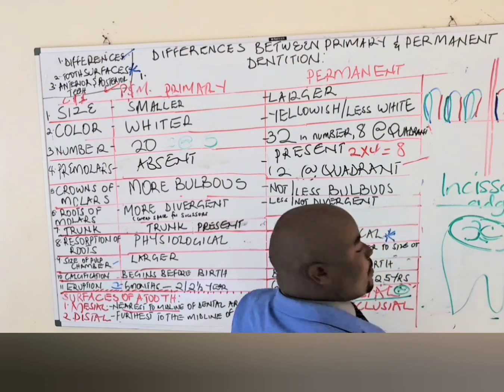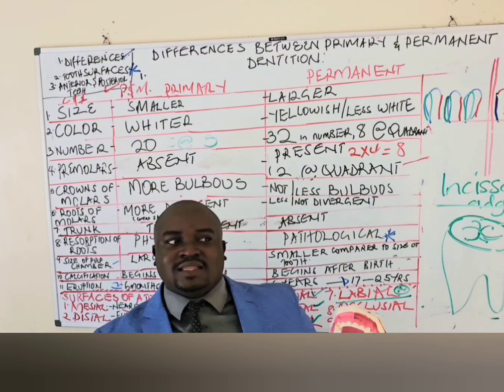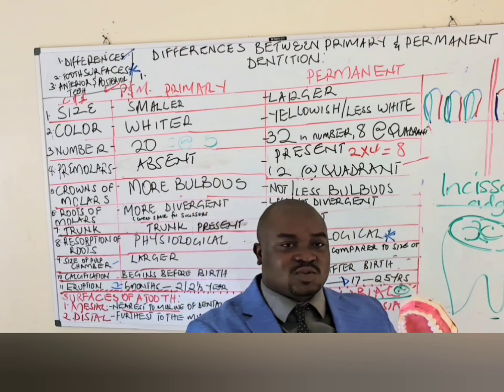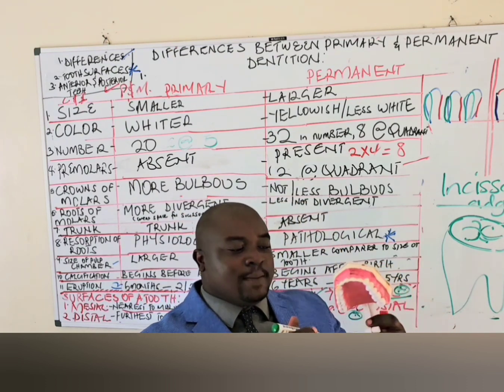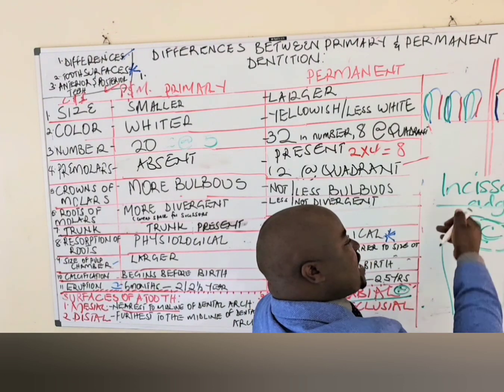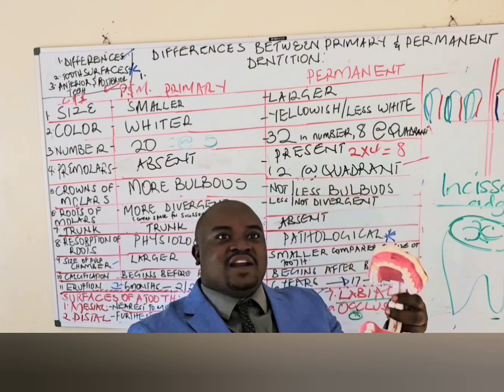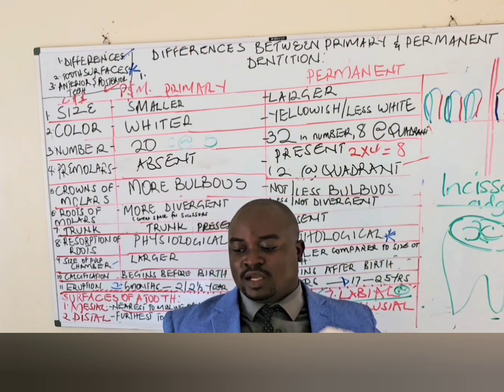When we start talking about dental caries or tooth decay, we shall talk about the significance of these, and how the pits, depressions and fissures retain food, where bacteria can find this food to cause tooth decay.